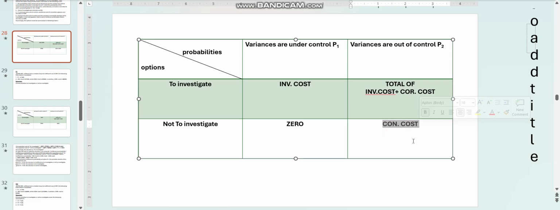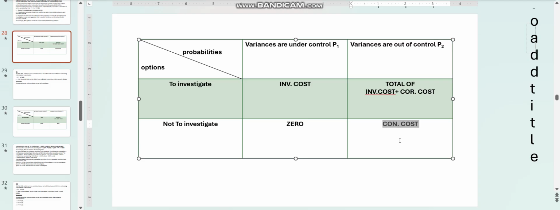Then moving to the last cell, that is if you decide not to investigate a cost variance that is out of control. Now let's see. Since you decide not to investigate, you will not afford investigation cost. Since you don't investigate, you can't apply correction procedure, so you will not afford correction cost.